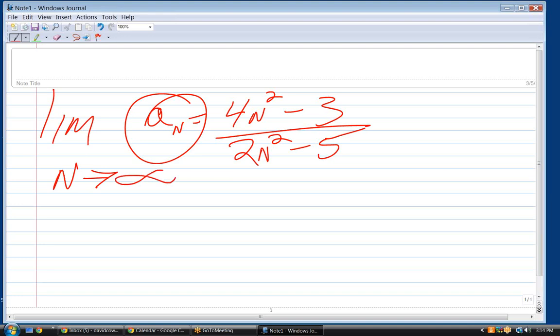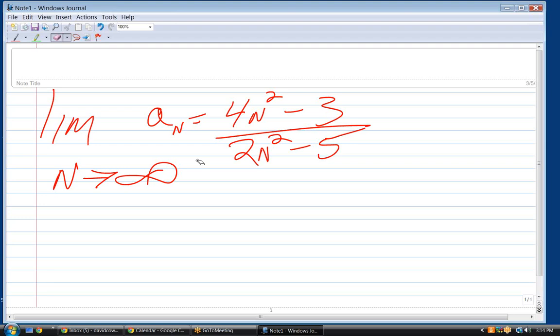I'm amazed you're getting these kind of problems already, because I wouldn't think you'd get this until calculus, or at least limits. So you must be studying limits also, in addition to arithmetic series and geometric series. This is a limit problem.